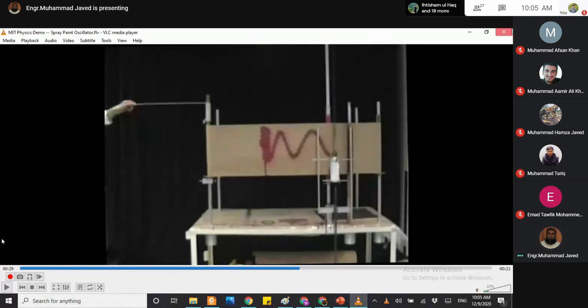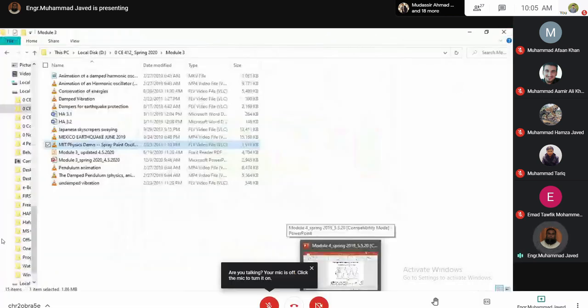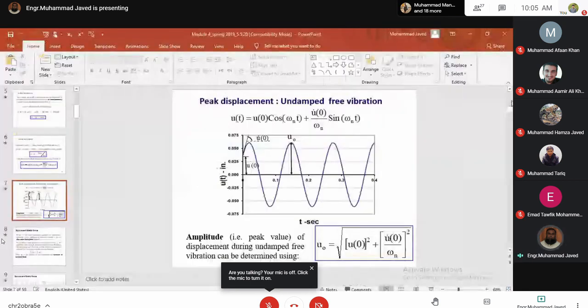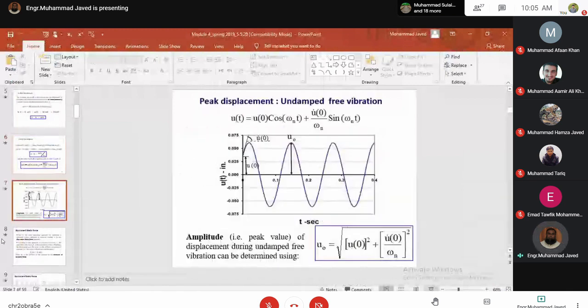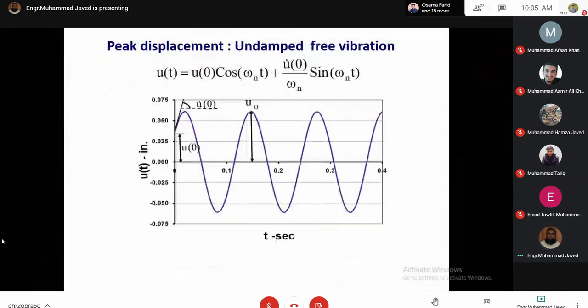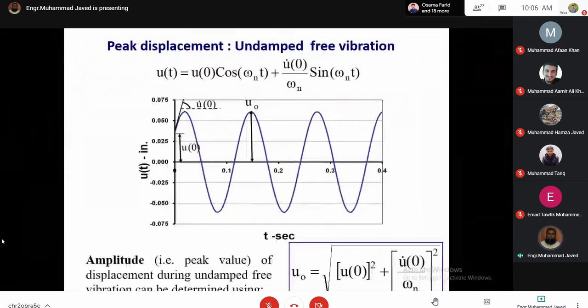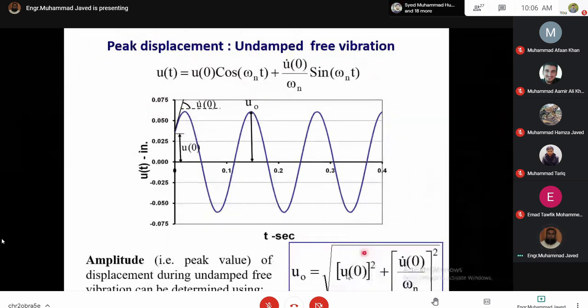Again, I am skipping the derivation and writing the formula for determining the peak value of displacement during free vibration, and it can be derived that peak displacement in an undamped system subjected to free vibration can be determined by this equation.